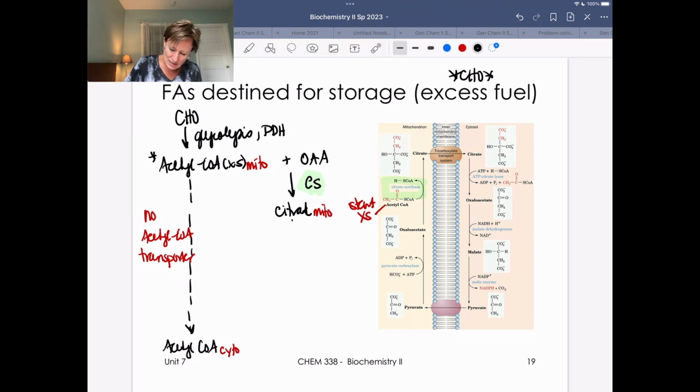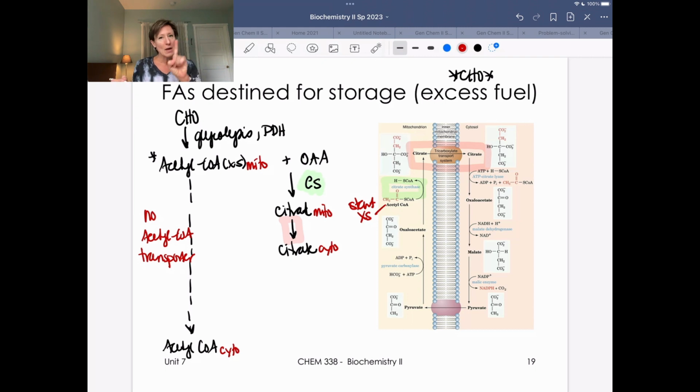So here's the key. We have a transporter to get citrate out into the cytosol. It's called the tricarboxylate transport system, but it's a citrate transporter that allows us to get citrate out into the cytosol.